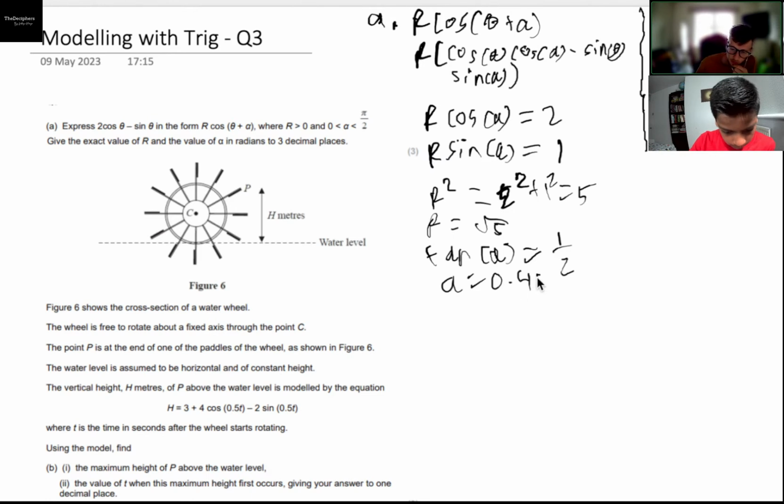Good, yeah, so slightly different from the previous question because this time it's r cos alpha equaling 2 and r sin alpha equaling 1, and the previous question was the other way around. So you still got the same value for r, but tan alpha is a half where it was 2 in the other case. So alpha is different.